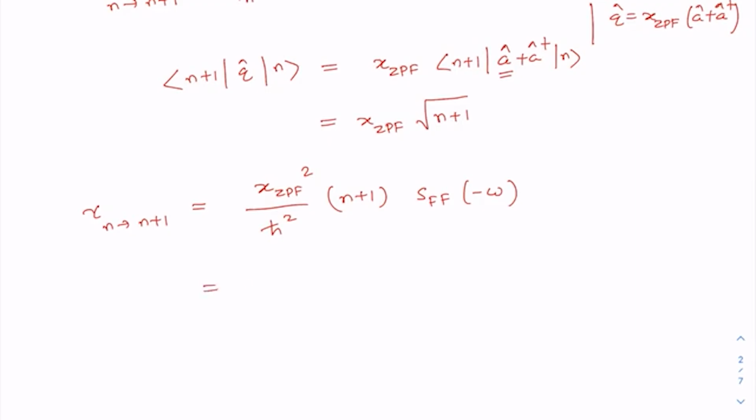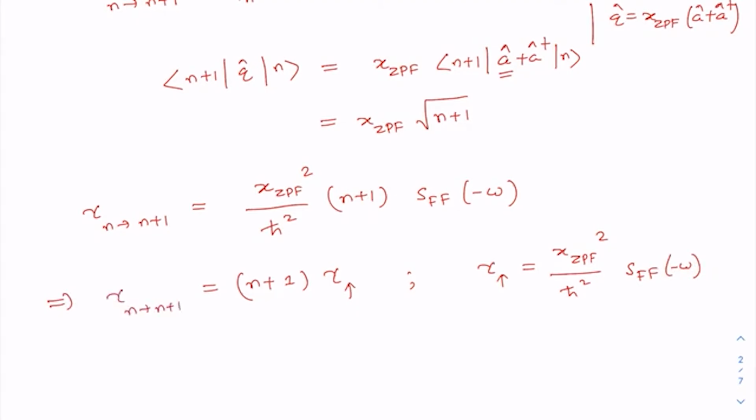Or I can write it as n plus 1 times gamma up, where gamma up is the upward transition rate for a single photon. So I will just write gamma up is equal to x zero point fluctuation squared over h-bar squared times S_FF evaluated at minus omega. So this is one expression we have.